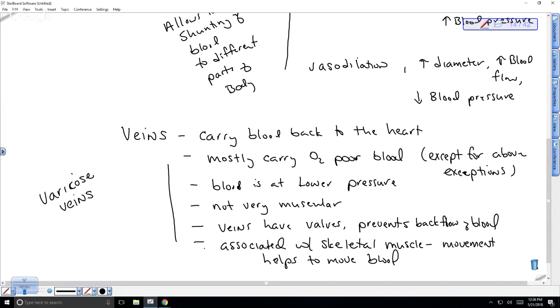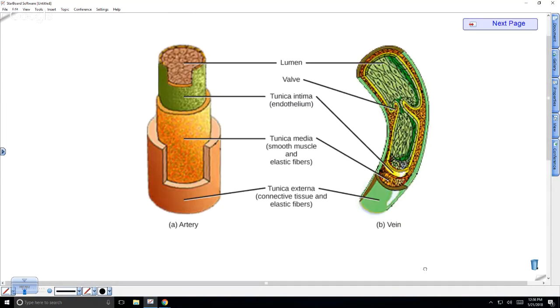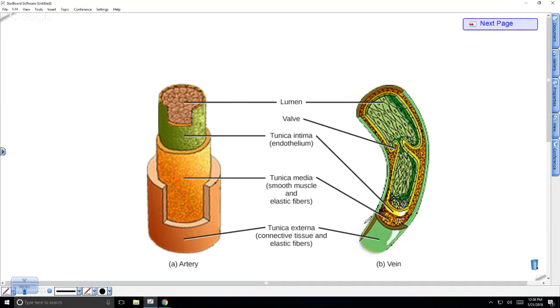Okay. So if we look at, in your book, they have some diagrams that show the difference. And so notice that the smooth muscle layer is much thicker in the artery than it is in the vein. And then also notice that the vein has these valves.